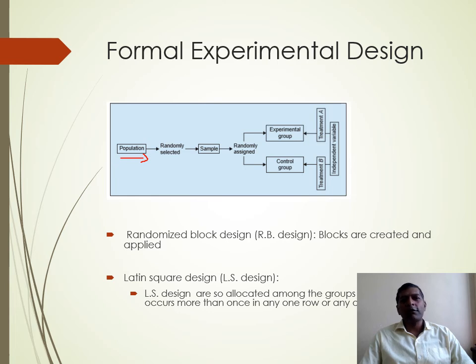So these 50 items will be randomly selected, and when we select randomly, the samples of 100 will be selected randomly and considered as a group, and these 2 groups are experimented on with different treatments. This is treatment A, this is treatment B, and the effect of the external variable is verified, noted, recorded.